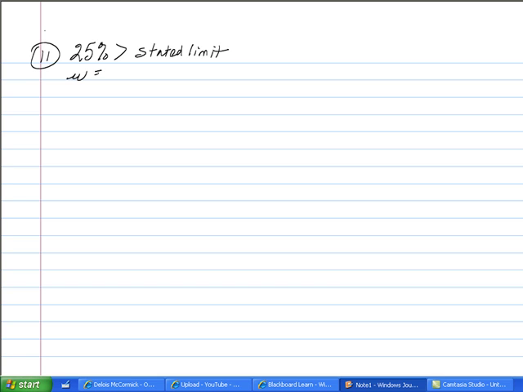So n is 16, we're going to have 16 males, and we want the probability that the mean weight is greater than 195.3 pounds.